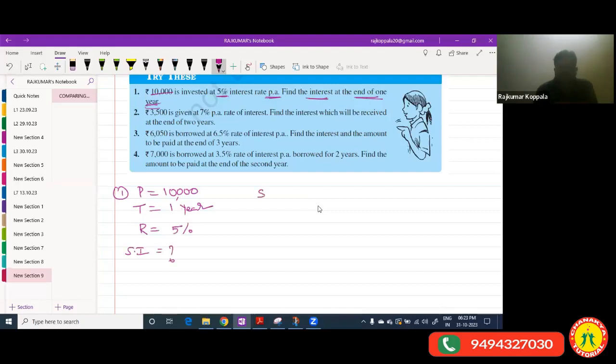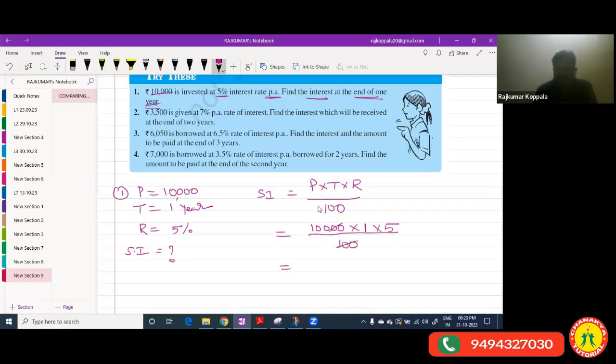So what is the formula for simple interest? P into T into R by 100. So P is 10,000, time 1 year, rate of interest 5 divided by 100. Two zeros cut.